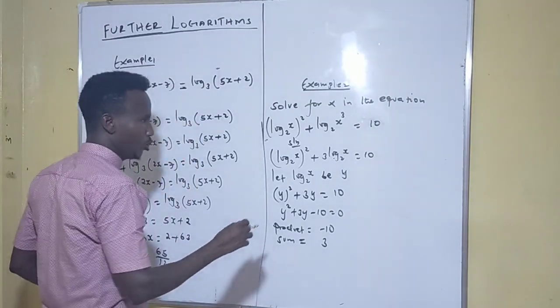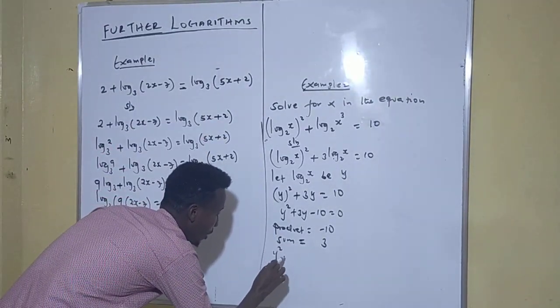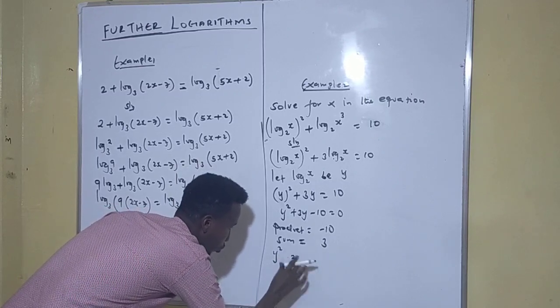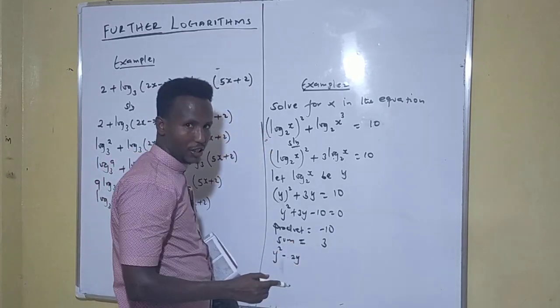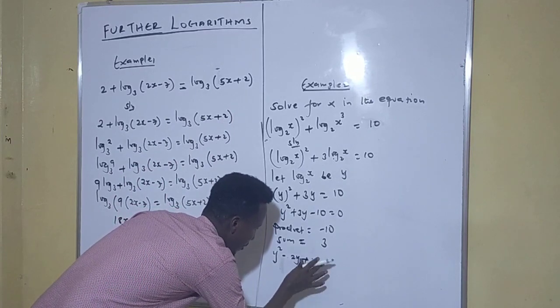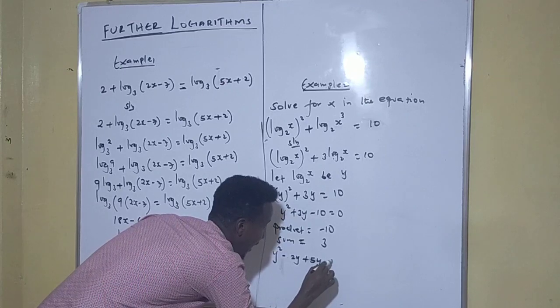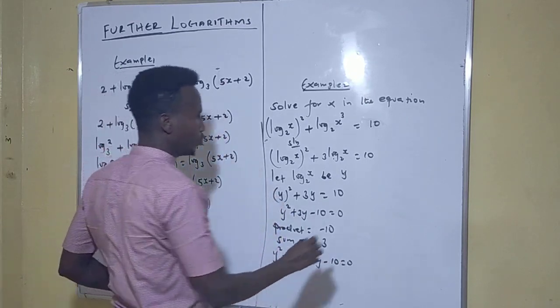So you're going to say, be very keen here, y squared minus 2y, because we are going to take positive y and negative 2, just understand that. Plus 5y minus 10 is equal to 0. So what are we going to do?